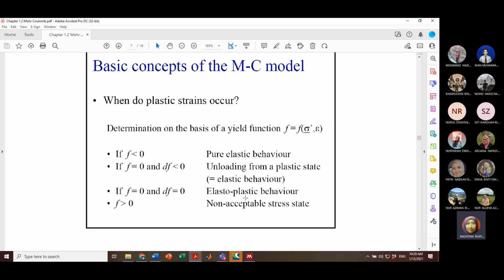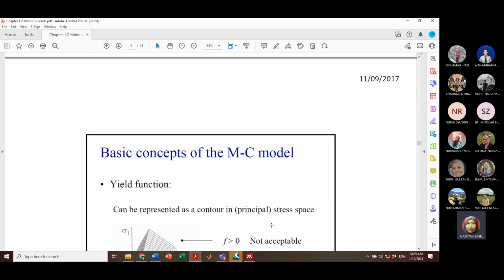So when it says the elastoplastic behavior, in your mind you dah boleh imagine the stress path ataupun the stress strain of this material. It will be having elastic zone and then perfectly plastic at the constant stress and the increase of the strain. Yang mana strain tu nanti kita akan ada elastic strain dan juga plastic strain.